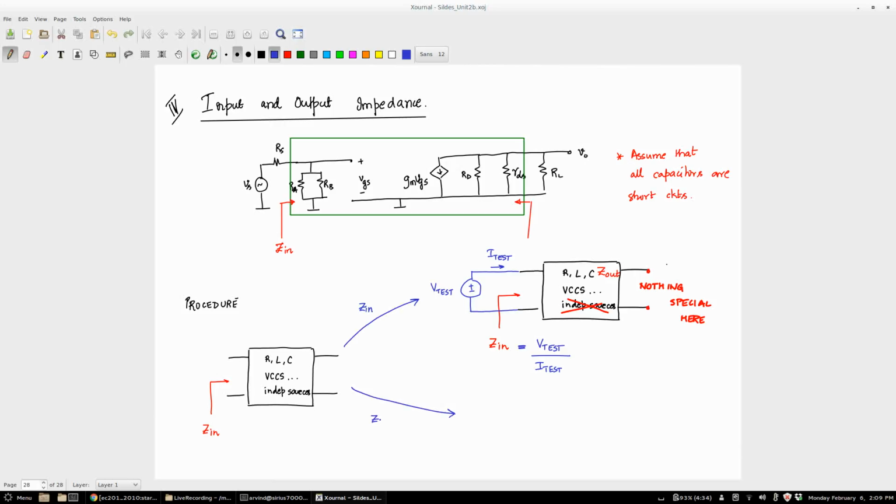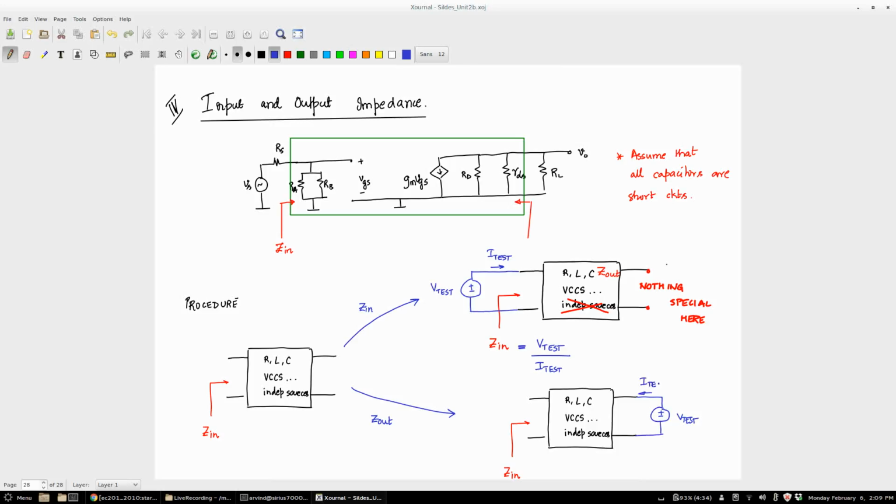And what is the value of my Z in? That is your V test, and I say that some I test flows, then my Z in is V test divided by I test. Correct? This is the procedure.